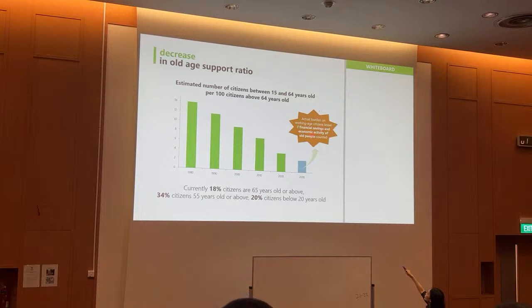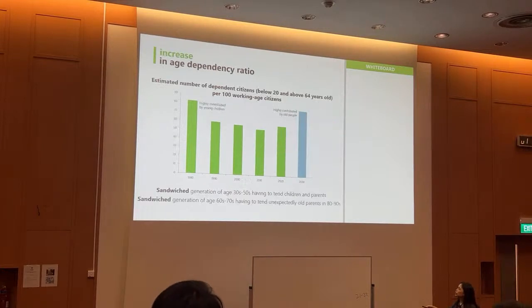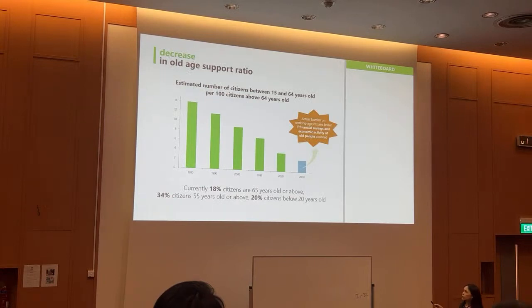However, the actual burden may be lesser than estimated if we consider the financial savings and economic activities of the old people. Normally, when analysts calculate these numbers, it is on the assumption that the dependents are fully dependent on the working age adult to support them, to feed them, to take care of them.